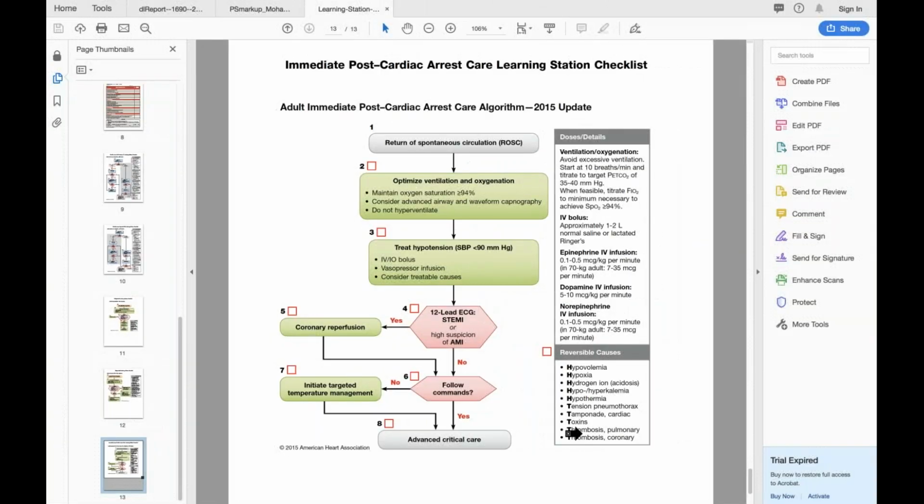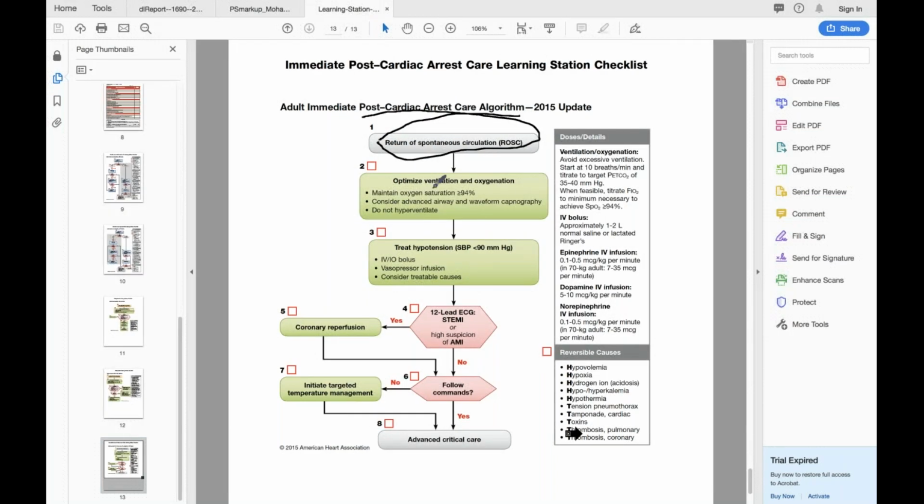The algorithm shows the A, B, C, D, E in a different way. So when you have a return of spontaneous circulation, let me show you this. You have a return of spontaneous circulation over here. The post-cardiac arrest care will start.